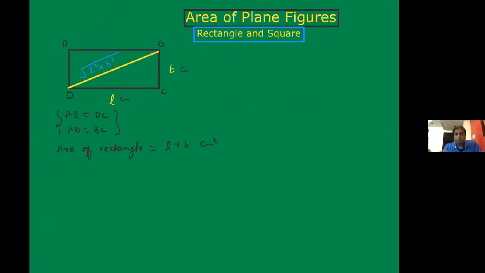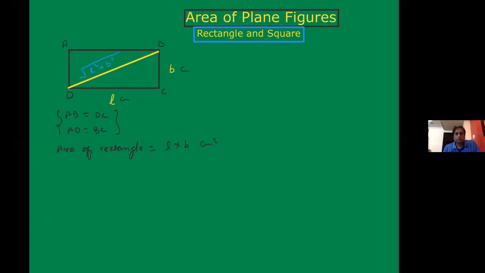It's a simple formula: area of the rectangle is length into breadth, and it will come as a square of whatever the measurement is. Length may be in centimeter or meter, and breadth also centimeter or meter. Depending on that, the area of the rectangle will be either centimeter square or meter square, or we can convert later also.